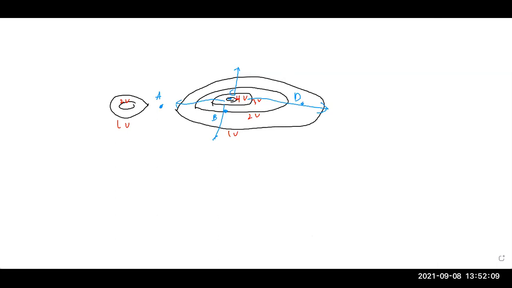And where would an electron have the most potential energy? And this one's tricky as well because electrons are negative.